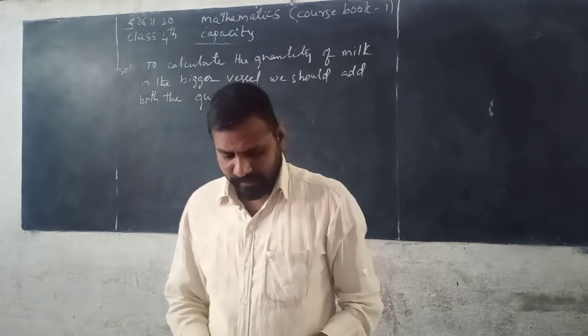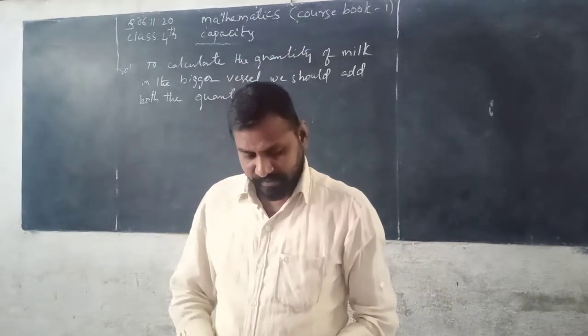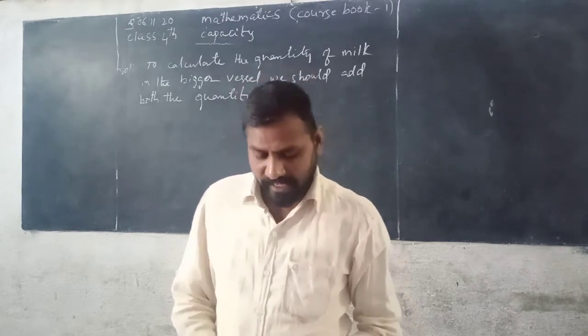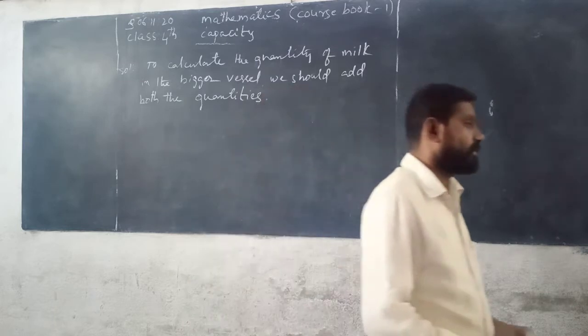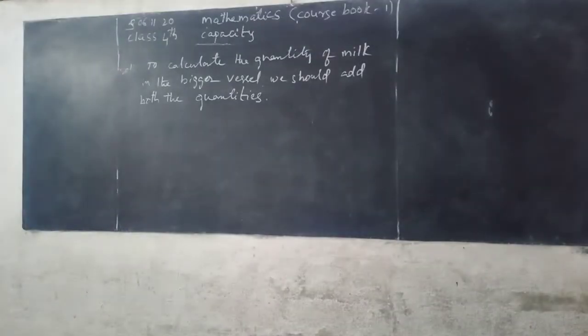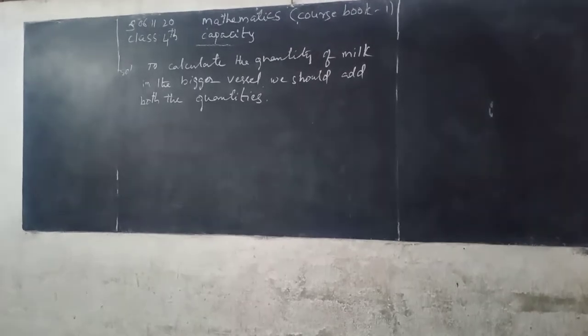See, the quantity of the first can is 20 liters 550 milliliters.